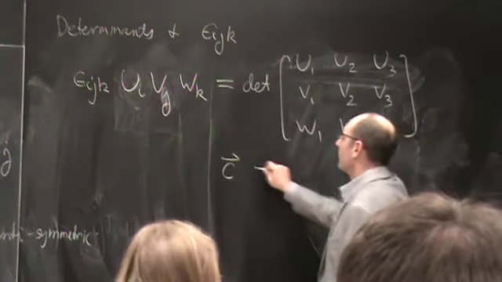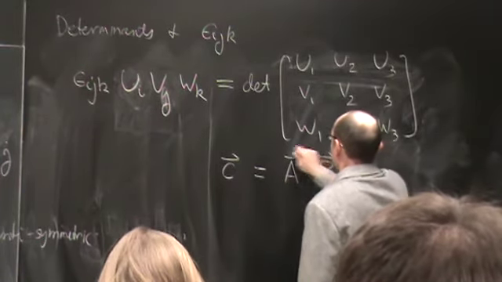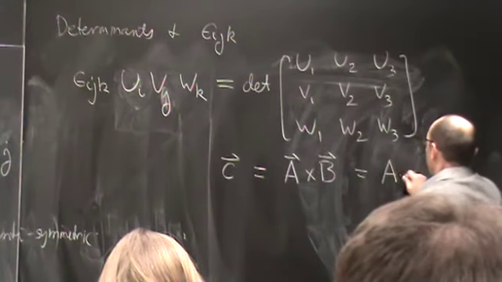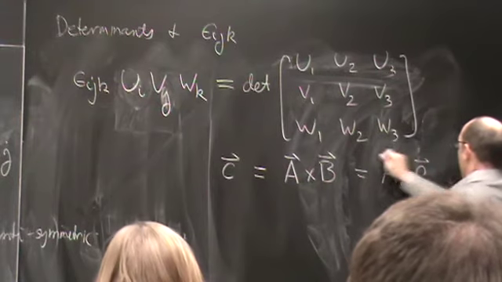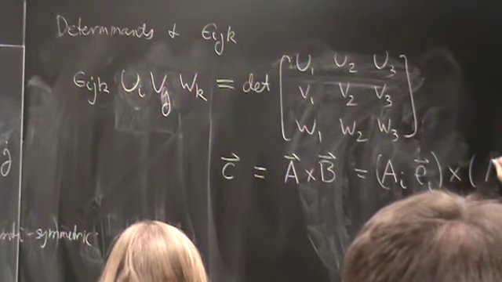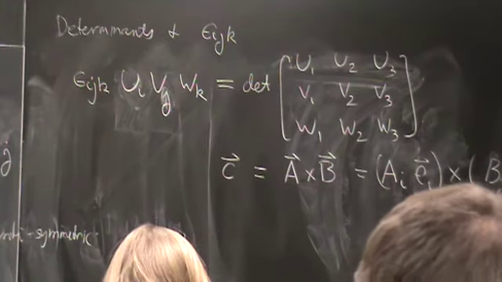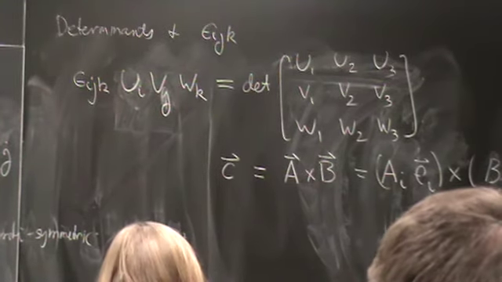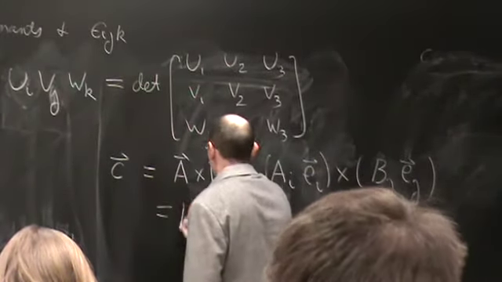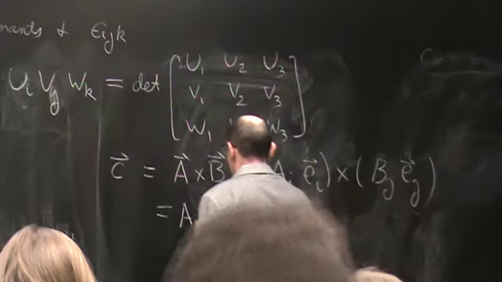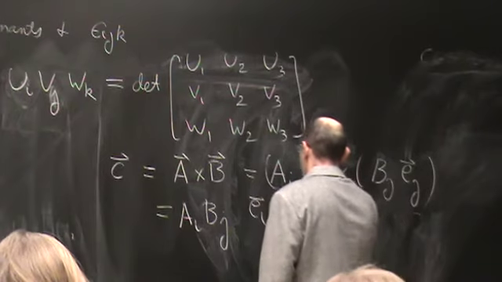If I look at a vector C, which is the cross product of two vectors, A and B, that is A_i e_i crossed into that vector, using different dummy indices, B_j e_j. Then the cross product is also linear, so I can move this through, giving A_i B_j e_i cross e_j.